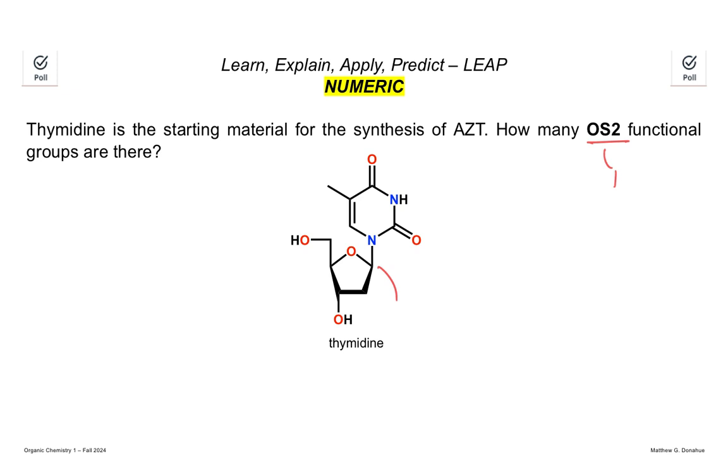That carbon has a sigma bond to an N and an O, and that's called an aminal.